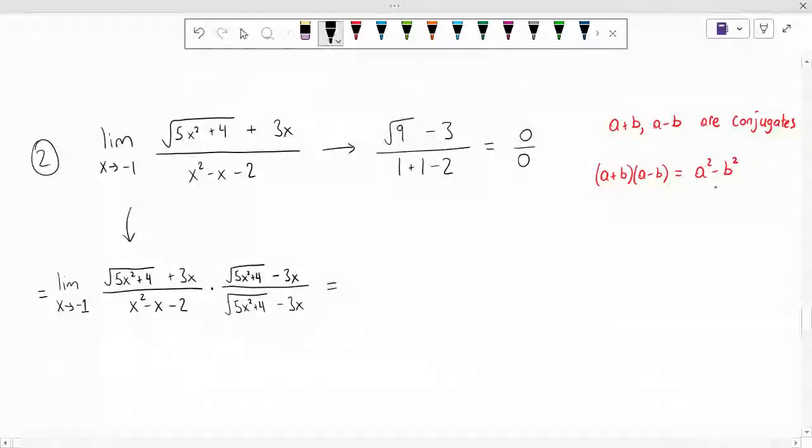All right, so let's try to simplify this. In the numerator, when we multiply these two together, you're going to get that difference of squares. This is similar to rationalizing the denominator, but when you rationalize the denominator, you don't always have this kind of conjugate thing that you're doing.